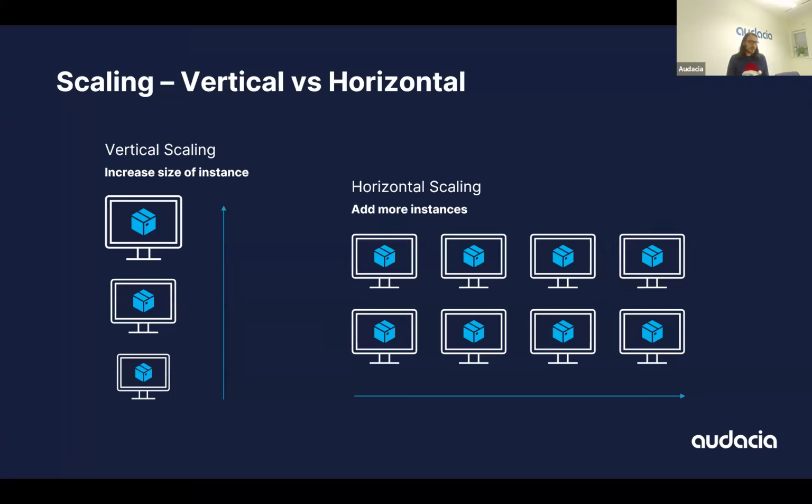Add a new CPU, add some more RAM, add some more storage, etc. As opposed to horizontal scaling, where you add more of the same instance, which means it's fault tolerant by design, because if one of the machines goes down, you've got other ones already there. Whereas in vertical scaling, because you've only got one machine, if that goes down, you don't have anything else to serve up your website or your API.